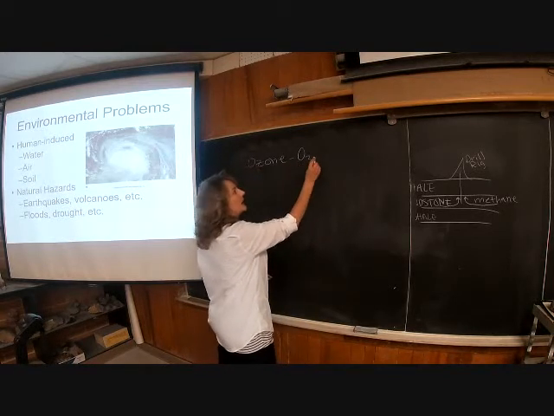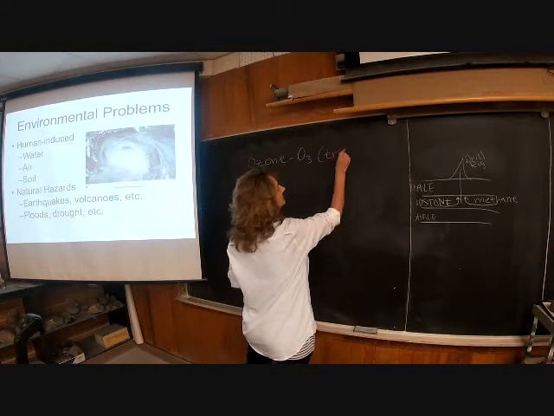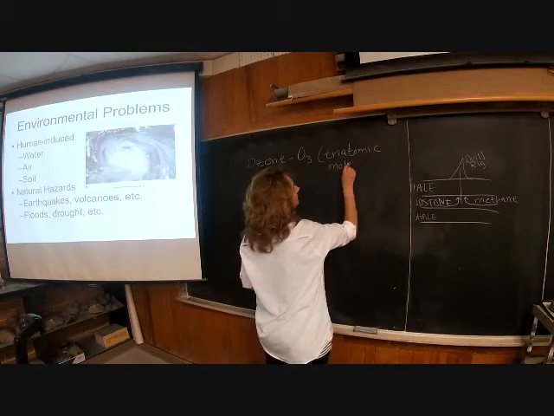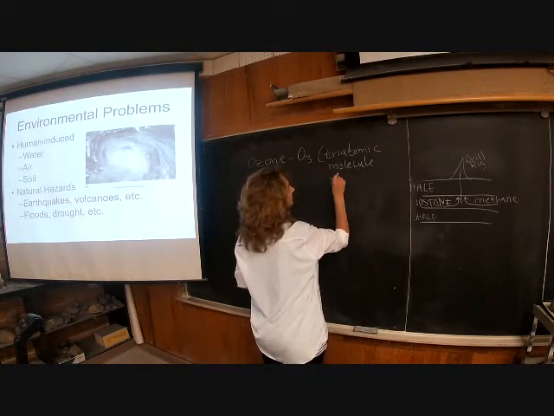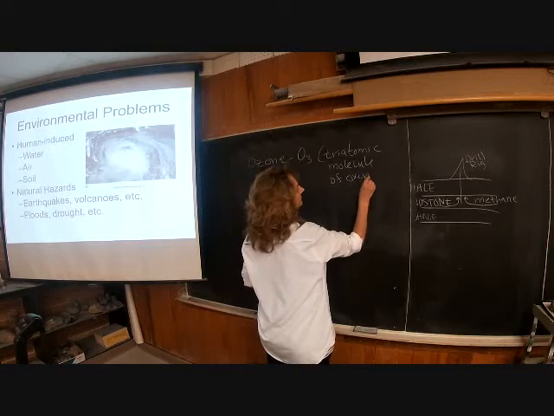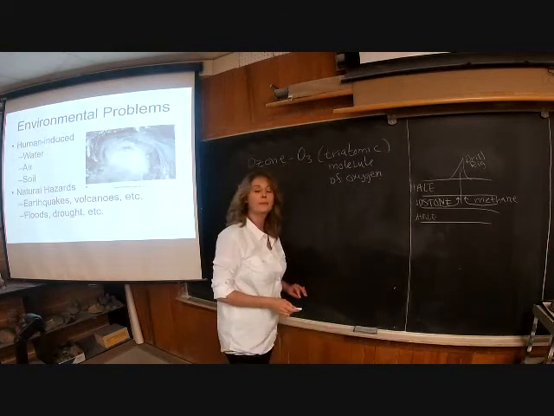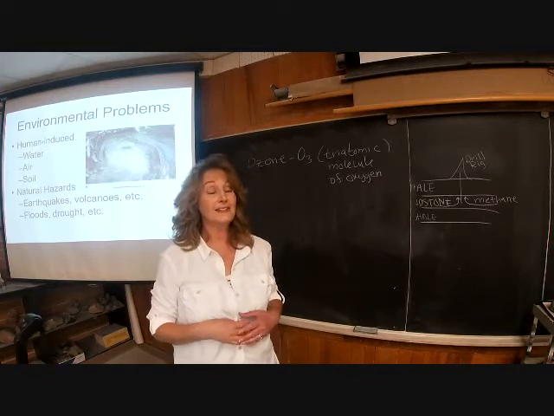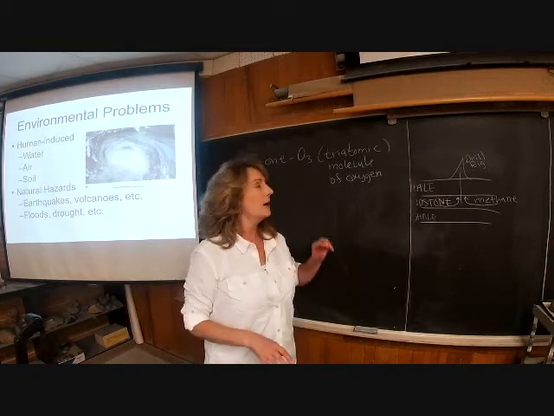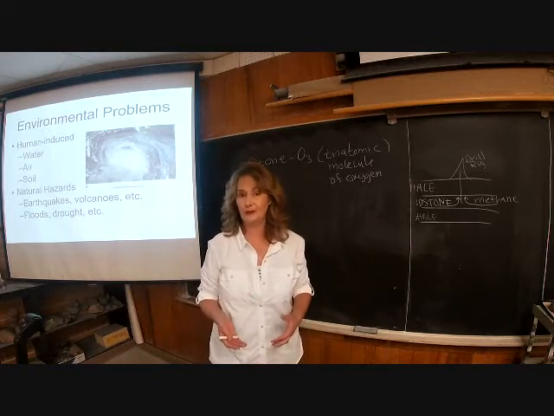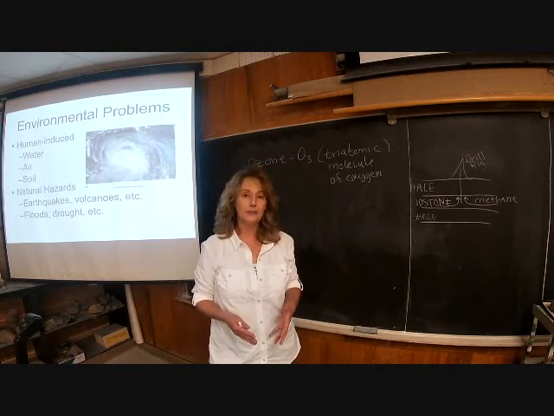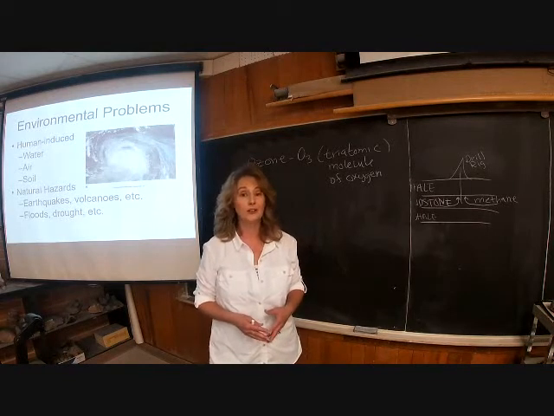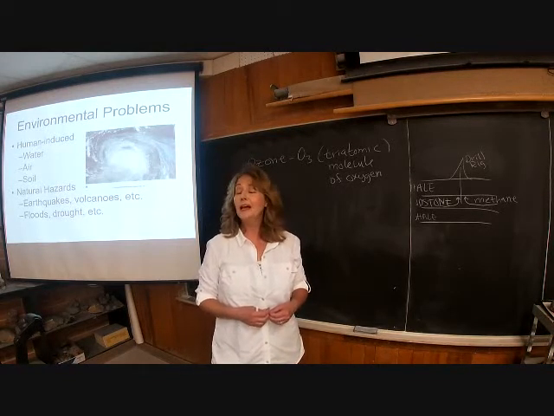But this is a triatomic molecule of oxygen, and it does us a great service having it way up there. This is the good ozone because it blocks the majority of the UV radiation, the ultraviolet radiation coming from the sun.